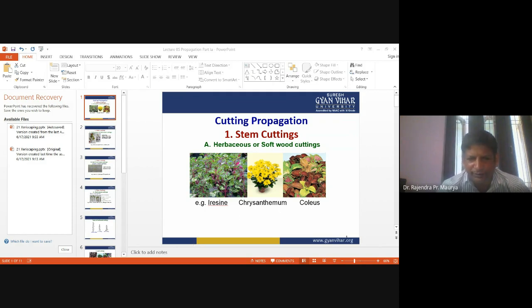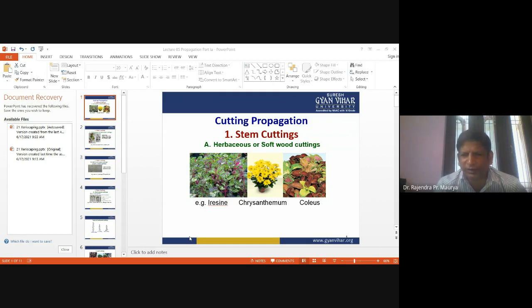There are different techniques of plant propagation, like cutting propagation, layering, specialized vegetative structures, budding, grafting, and also micropropagation, that is plant tissue culture. But in this part of the lecture, we will discuss only cutting propagation.